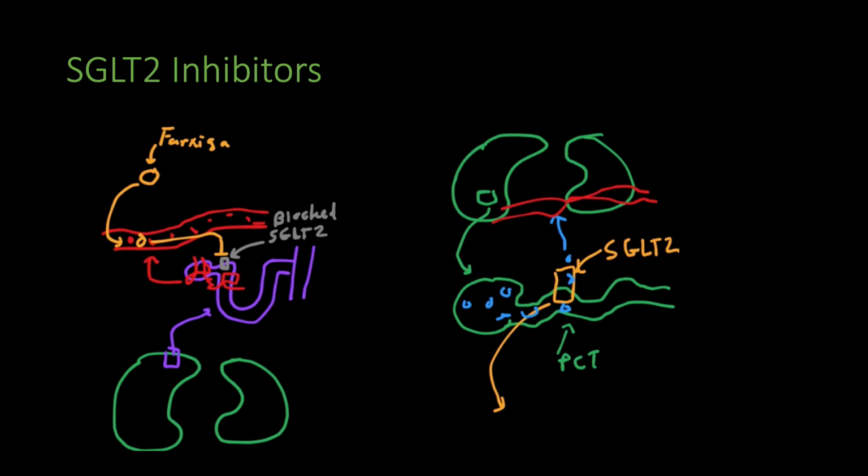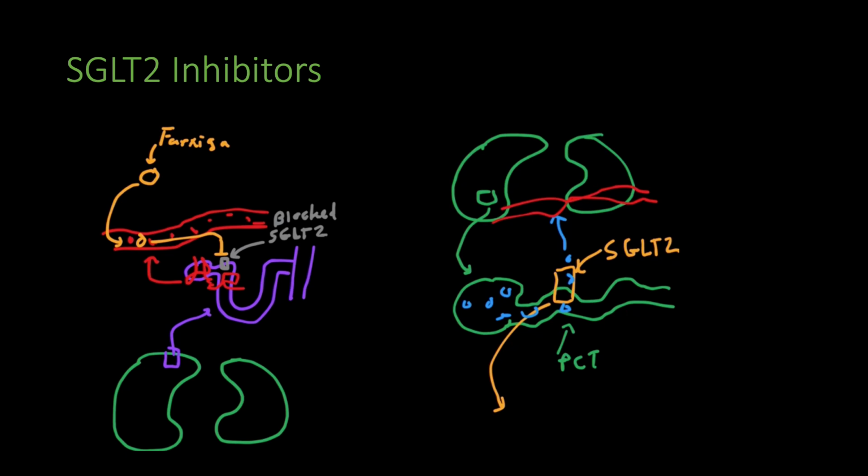In this case, you're going to see here that the blood is filtered in the glomerulus and produces filtrate that contains glucose, sodium, and water. In the proximal convoluted tubule, a transporter called SGLT2 reabsorbs 90% of that filtered glucose back into the blood, along with the sodium.